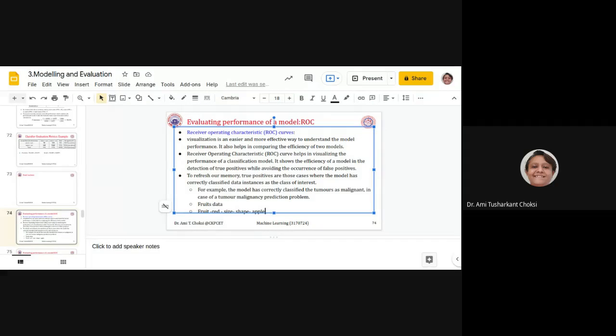So this is given not only for this fruit being an apple, but for other data also it is labeled that it is this particular fruit. Say apple is there, banana is there, orange is there. So the data wherein the label is already given, for such data we can say it is classification data.